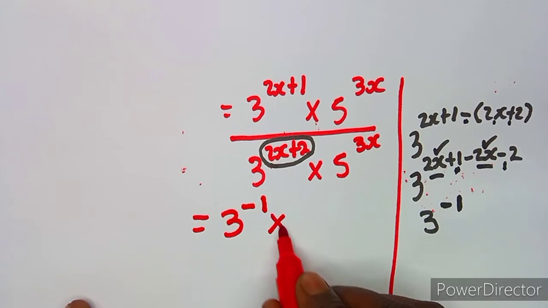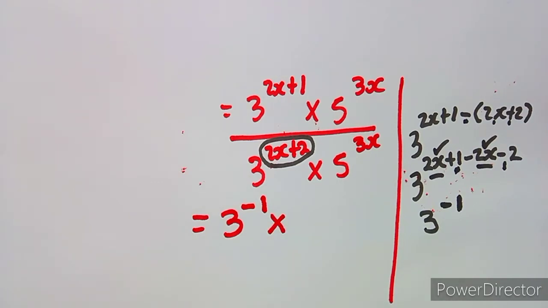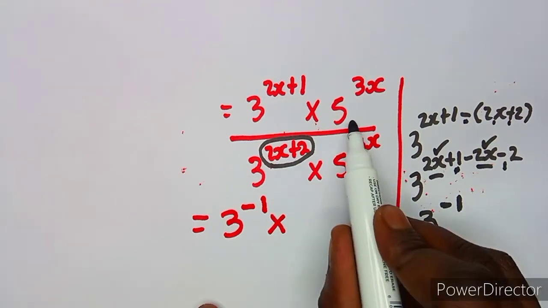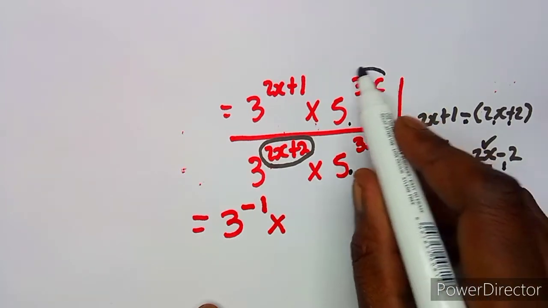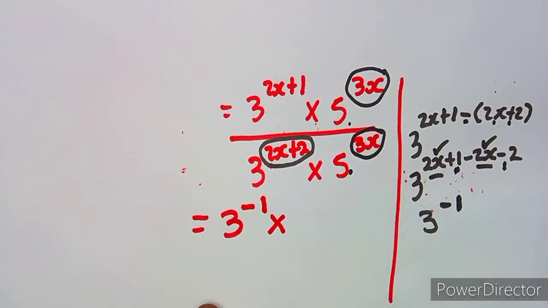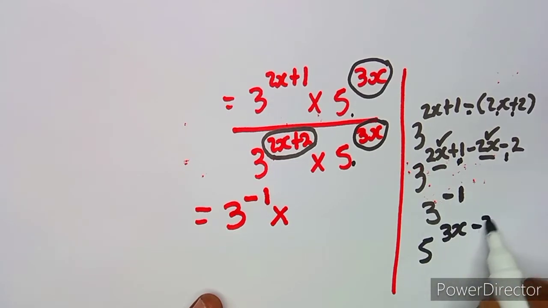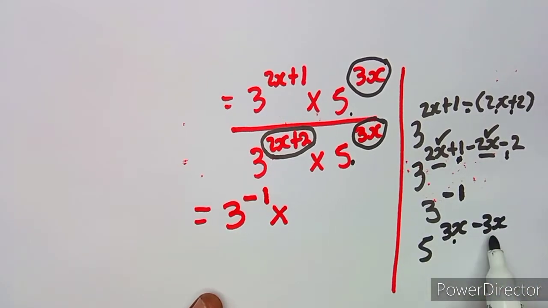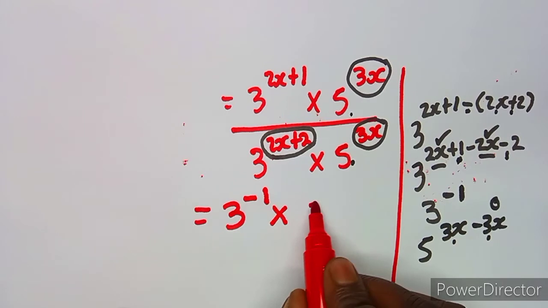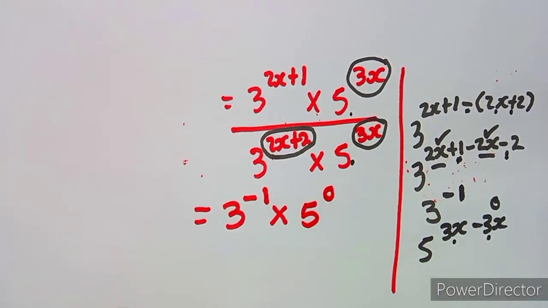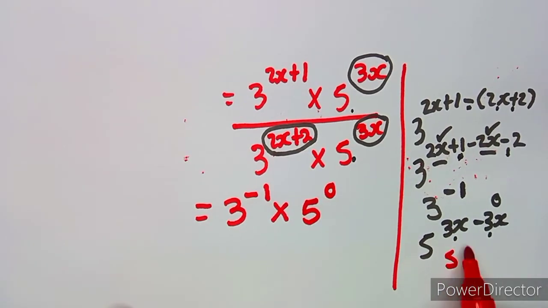Okay. Times, if you are to cross check, guys, still here we are dividing, but this is 3x, this is 3x. So it's going to be 5 to the exponent of 3x minus 3x, and 3x minus 3x, that's a 0 there. So which means we are going to obtain 5 to the exponent of 0, of which I told you that any number to the exponent of 0 is 1.